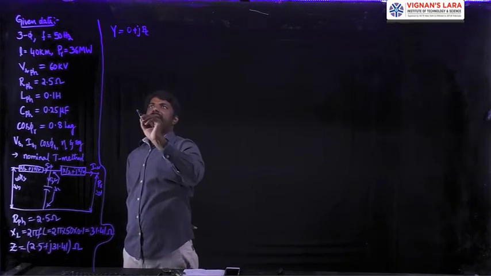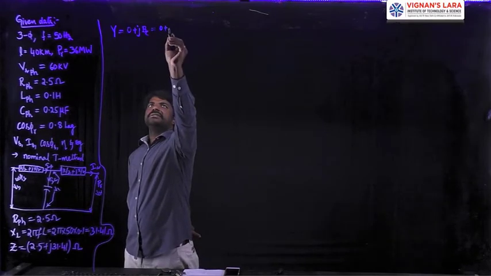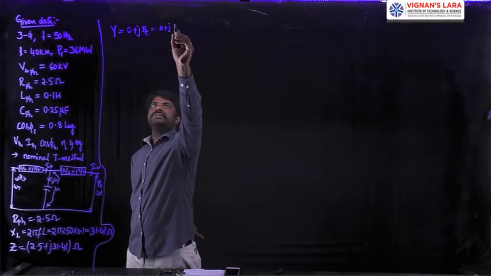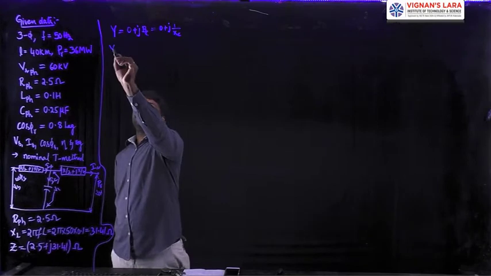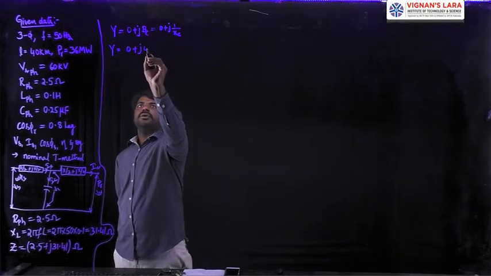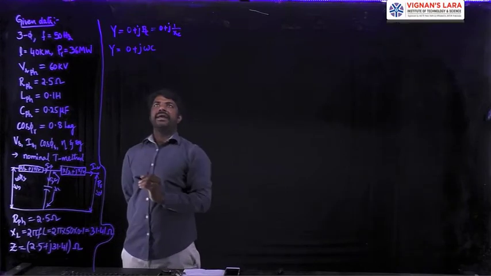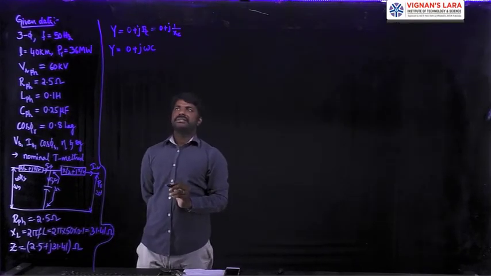BC is 1 by XC, which is omega C. Therefore, Y is equal to 0 plus j omega C, where omega is 2 pi F and C is the capacitance per phase.